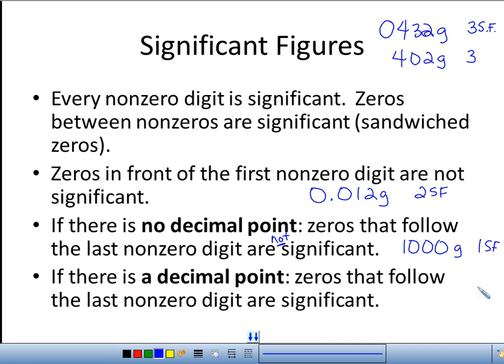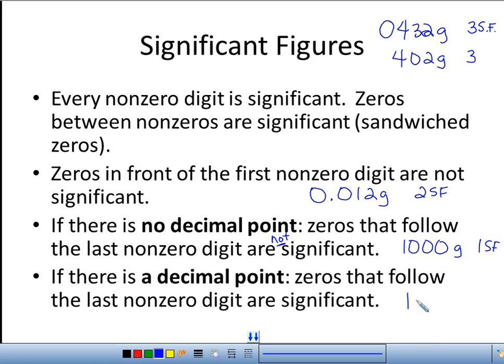Well, why does it only have 1 sig fig? Do we know that we measured exactly 1,000? What if it was 999 grams and just rounded up? What if it was 750 grams? Just rounded up. We don't know exactly if these were all accurately measured, so we only have 1 sig fig.